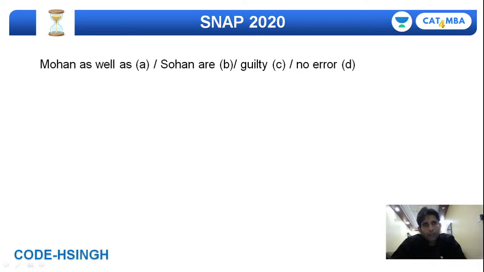Okay, so good. Look at this question. Mohan as well as Sohan are guilty, and D option says no error. Deepshika says B option.